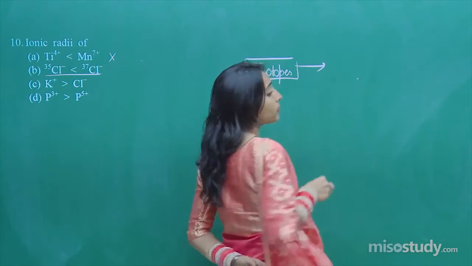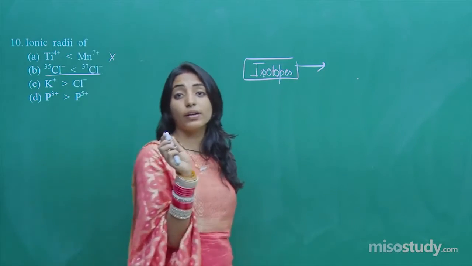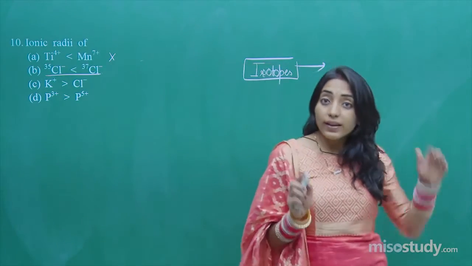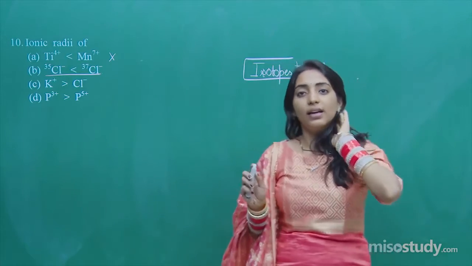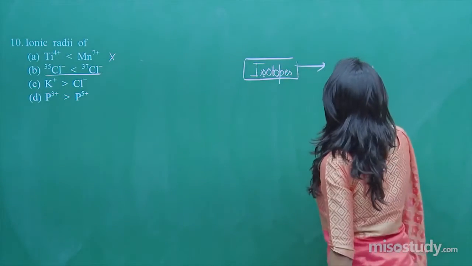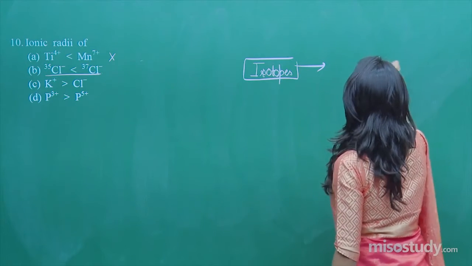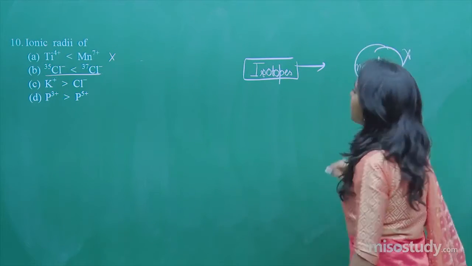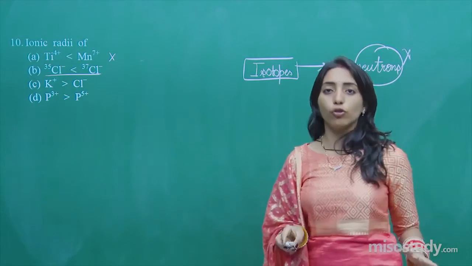See, isotopes are the atoms of the element having same atomic number but different atomic masses. This has got nothing to do with the atomic size. There is just the difference in the number of neutrons, and they will not be playing a major role in deciding the size. It has got nothing to do with size.